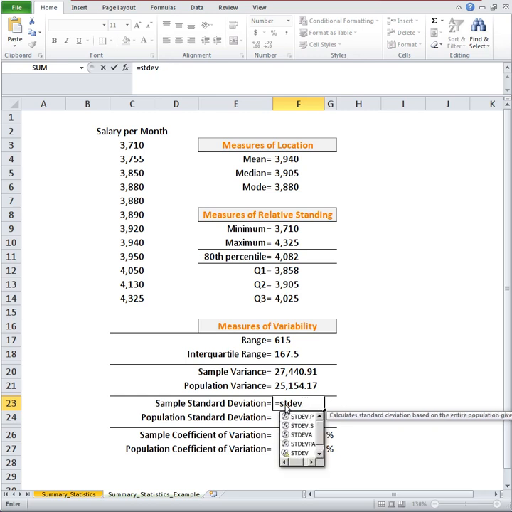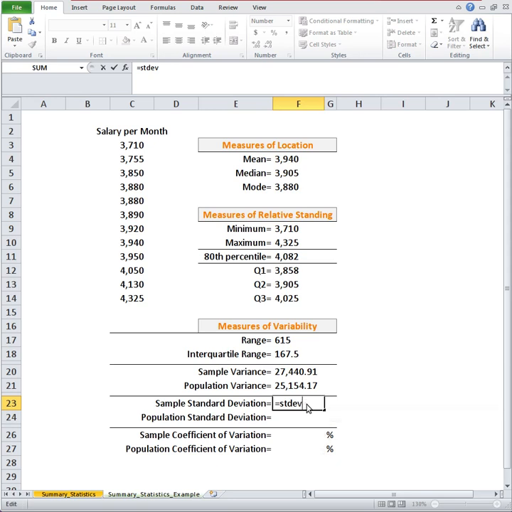I forgot to mention that again, for compatibility reasons, we have two other formulas that are highlighted with a warning signal, which are the STDEV and the STDEVP. Those are there because those were the formulas used in previous versions.